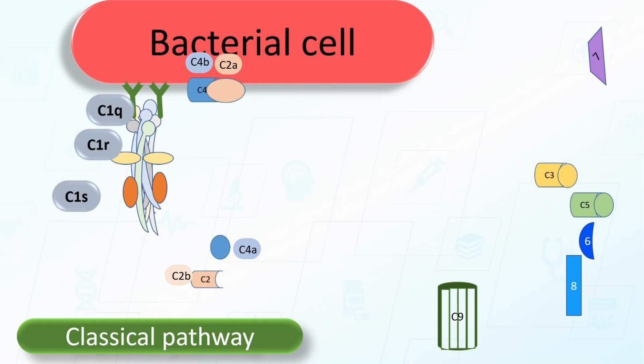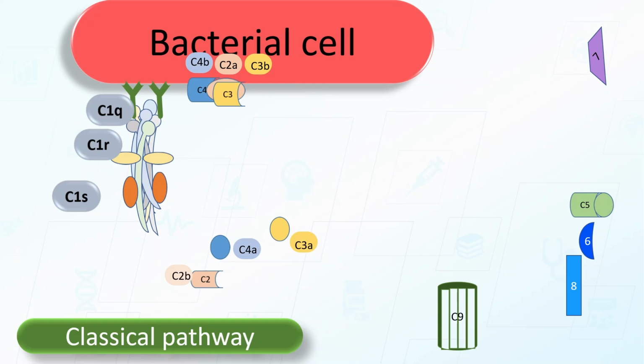Specifically, it will attract C3 and convert it into C3b and C3a. So in the classical pathway, C4b2a is a C3 convertase, which means it will catalytically convert C3 into a and b.